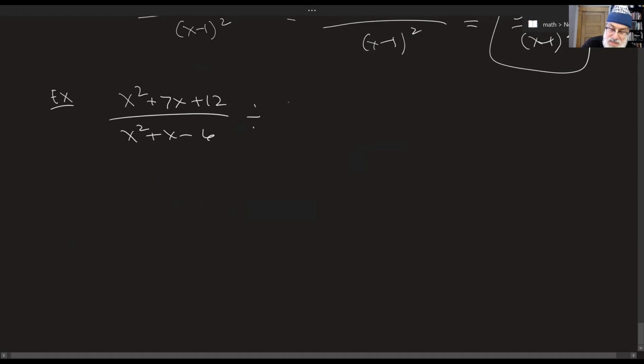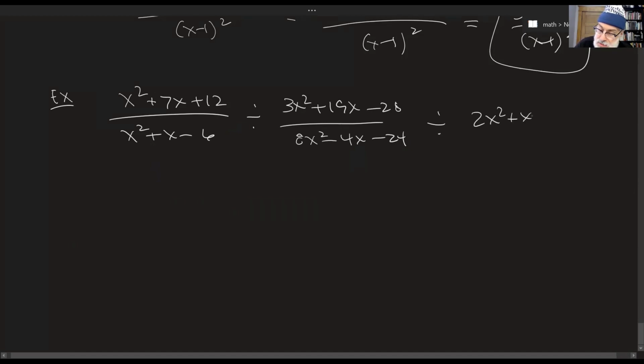We'll divide that by 3x squared plus 19x minus 28 divided by 8x squared minus 4x minus 24. And we'll divide that by 2x squared plus x minus 3 divided by 3x squared plus 4x minus 7. That's an incredibly complicated looking thing, right?